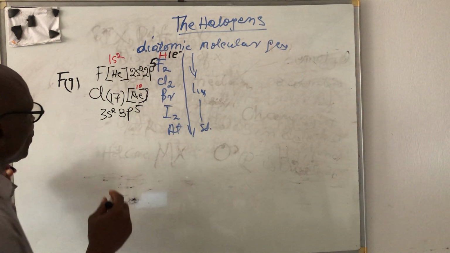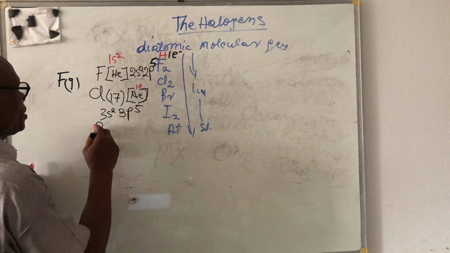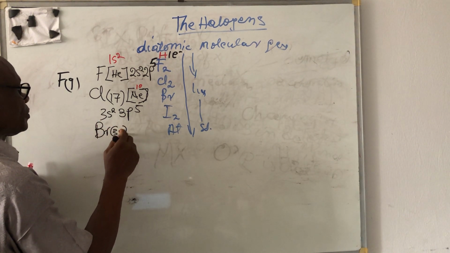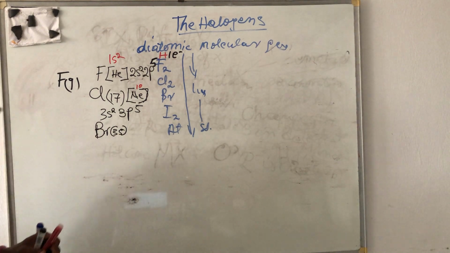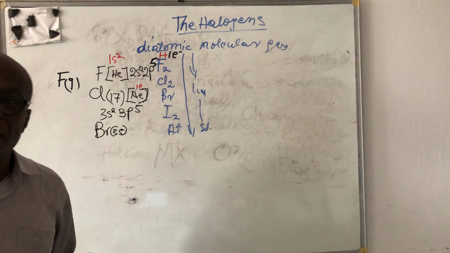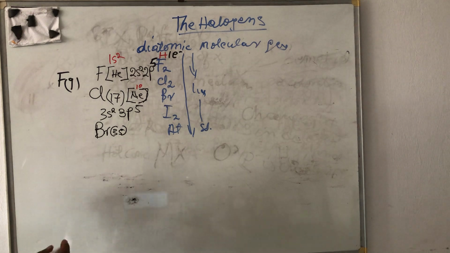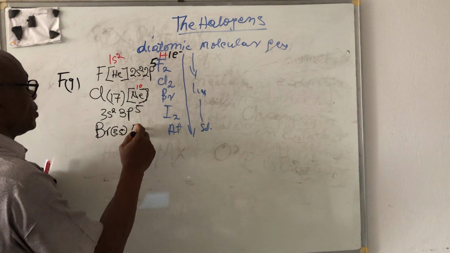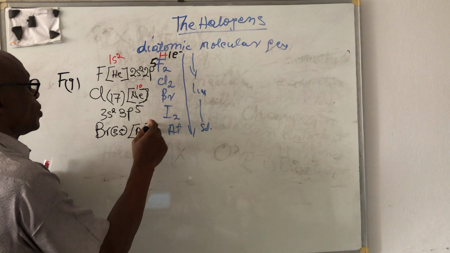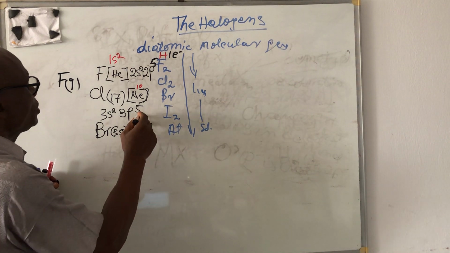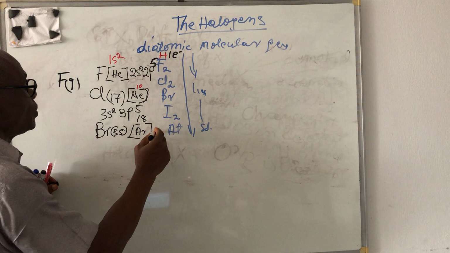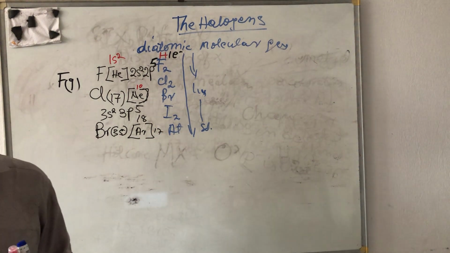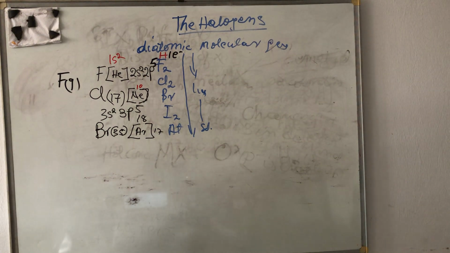Just under chlorine, you have bromine, 35. Bromine will bear the argon core. Argon is 18, so from 35 you are left with 17.